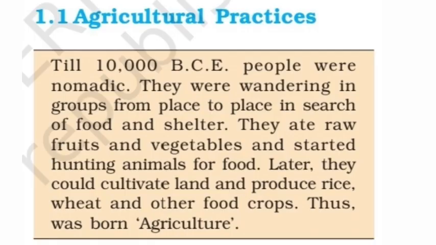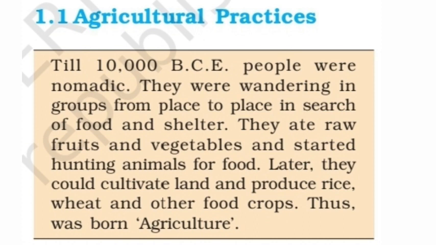Before going to learn about various agricultural practices, let us know about how agriculture was born in the ancient period. Till 10,000 BCE, people were nomadic. Nomadic means people were wandering in groups from place to place in search of food and shelter.